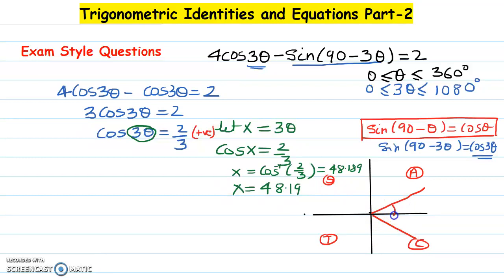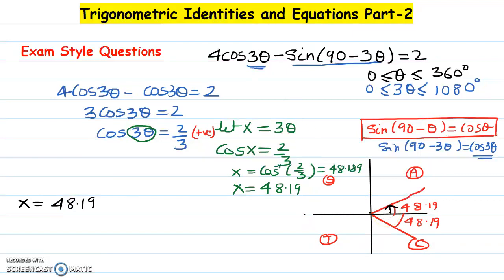The angle made with the x-axis is 48.19, and this is also 48.19. So the first angle, capital X, we are getting this angle. You can see this black angle with the arrow, that is 48.19.